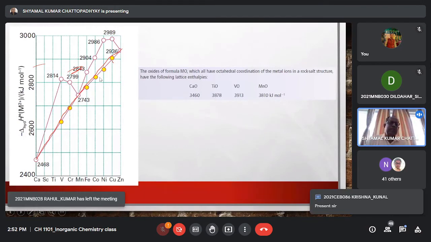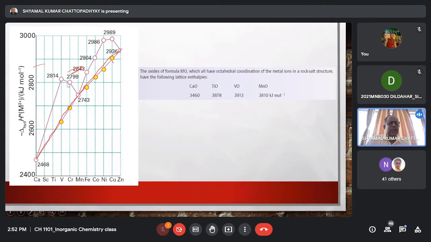These yellow lines correspond to what happens if, from these points which are inclusive of the crystal field stabilization, I deduct the crystal field stabilization. After deduction of the crystal field stabilization energy, we get these yellow points. And you see, when we take away the advantage due to crystal field stabilization energy, then the dots are more or less on the expected, almost straight line.